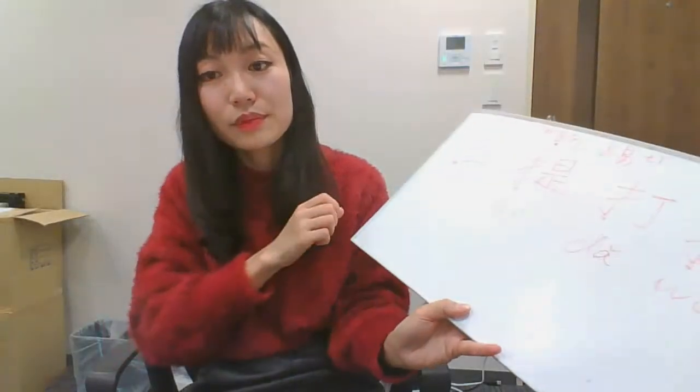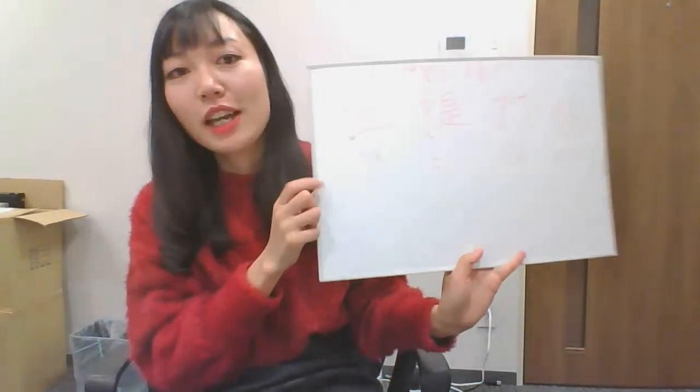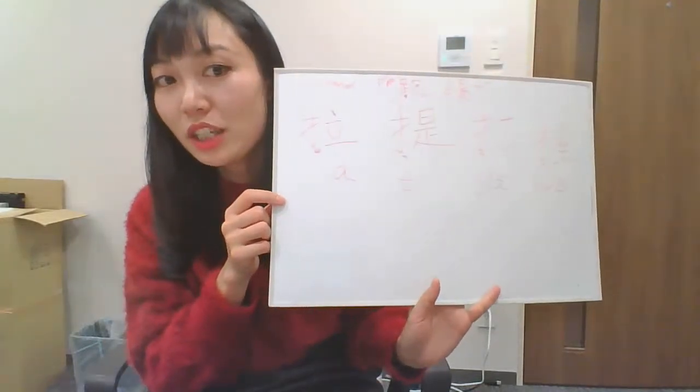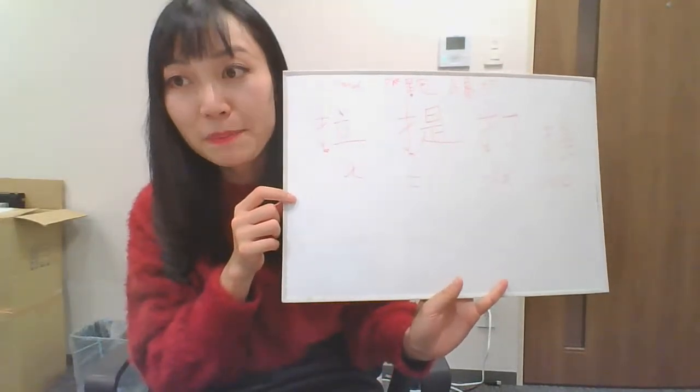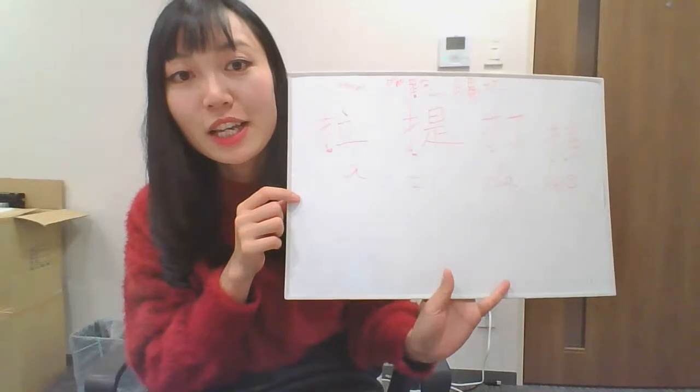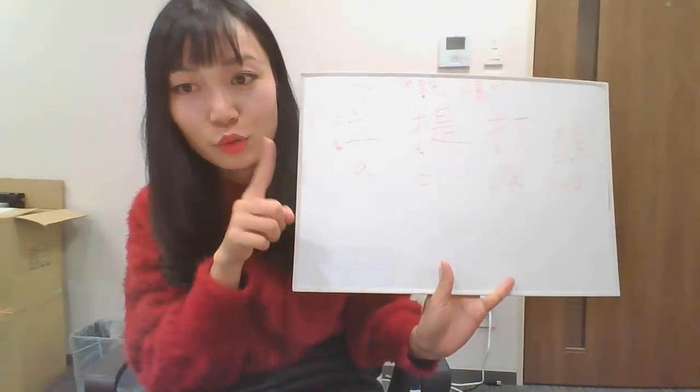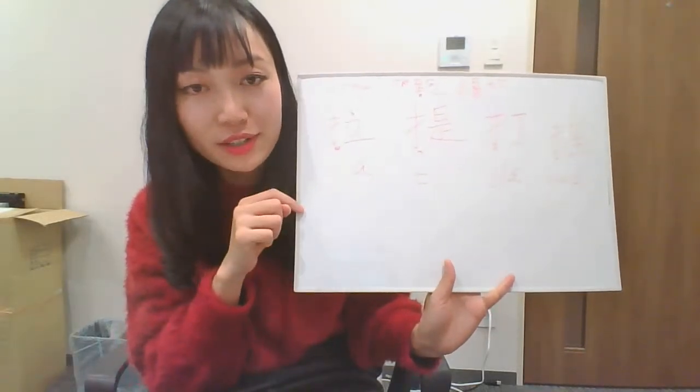拉开门, yes, 拉开门. But it's two verbs together. You pull the door and the door is open. So 拉开门. And one more thing, basically in Chinese, many verbs are only one character, and one character only has one pronunciation.